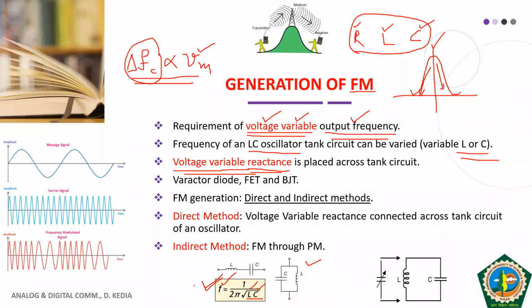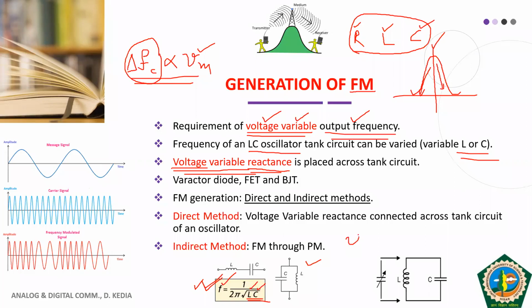See, you concentrate on this equation, F equal to 1 by 2 pi under root LC. If you change the capacitance, then F will vary. Changing capacitance means changing the reactance, or changing inductance means changing the reactance of the circuit. And how do we want to change this L or C? We want some method with the help of which we can change either L or C through voltage. Meaning if we change the voltage, then either C or L should change, and if L or C changes, then F changes. I hope all of you have been able to understand that.